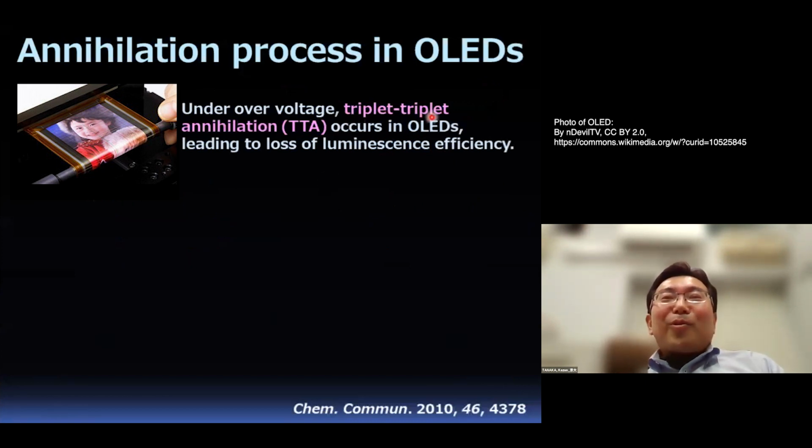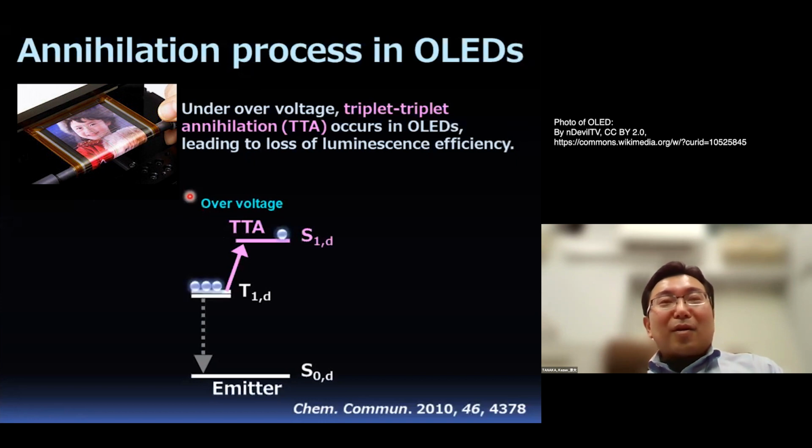In the OLED, sometimes it occurs. Under over voltage, the conventional OLED should be annihilated. In these devices, under over voltage, the TTA process should occur. It means that by accumulating excited molecules, a special transition named TTA, triplet annihilation, is induced.